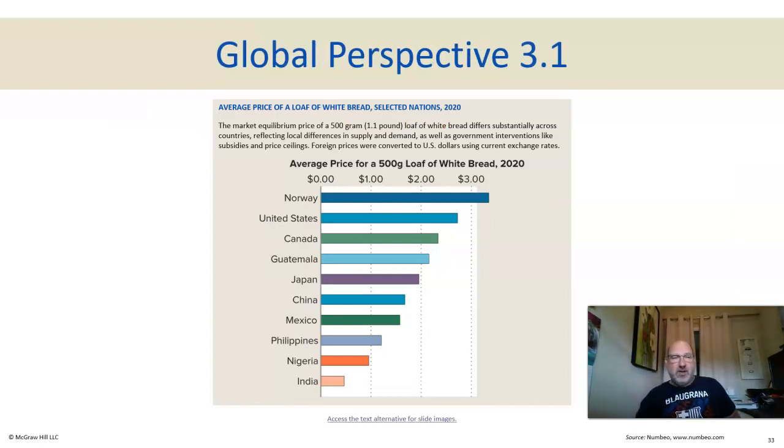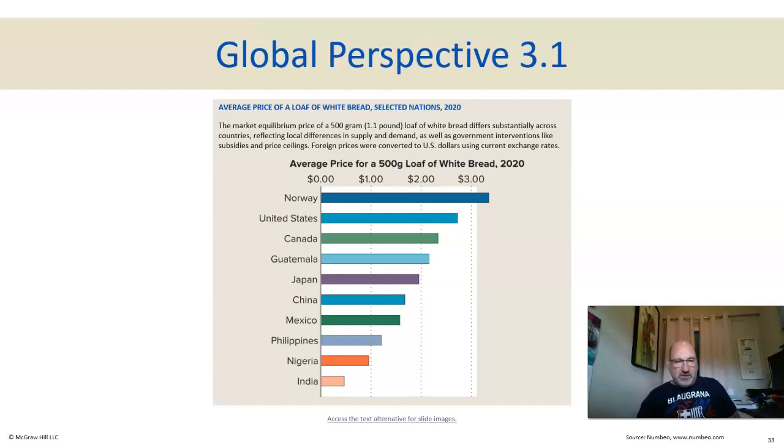There you go. Global perspective, average price of a loaf of white bread in selected nations 2020. Notice that Norway is past $3, and not just slightly past $3, it's way the heck past $3. It is expensive to get a 500 gram or 1.1 pound loaf of white bread in Norway.